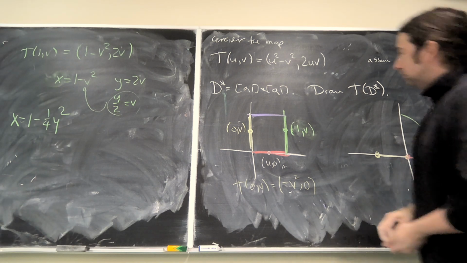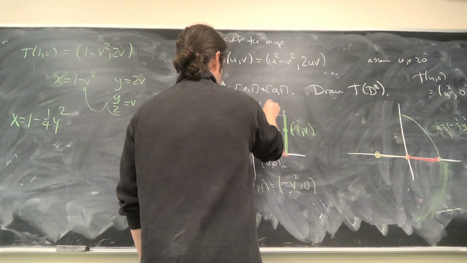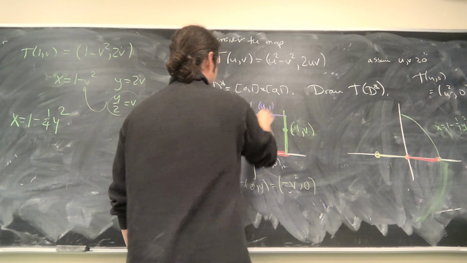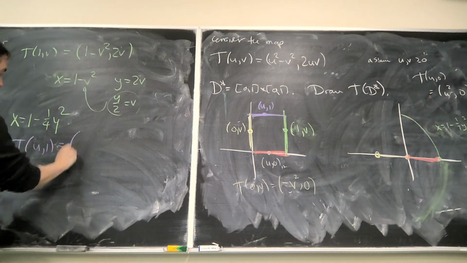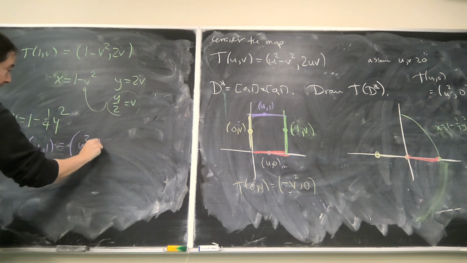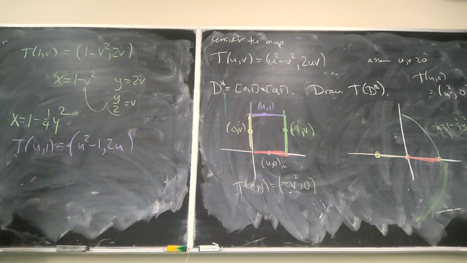And the purple side, which looks like (u, 1), if I play the same game, T of (u, 1) is equal to (u squared minus 1, 2u).